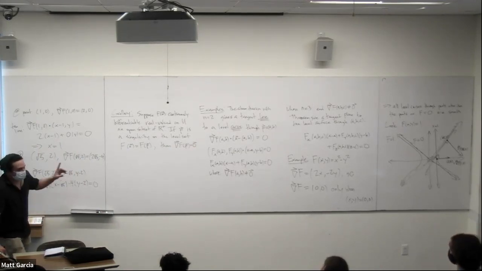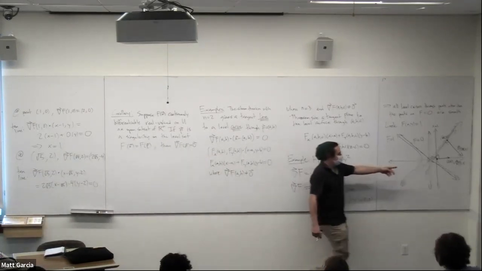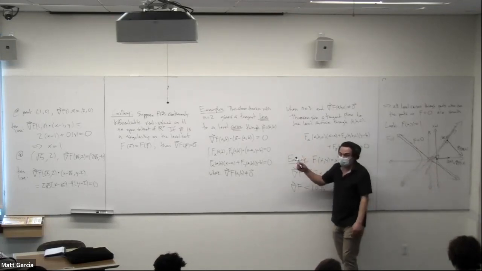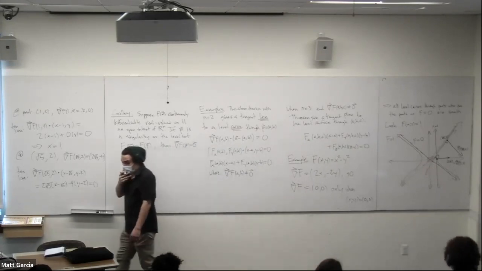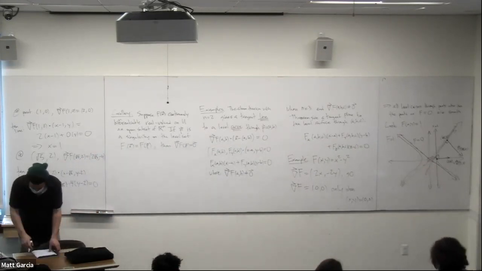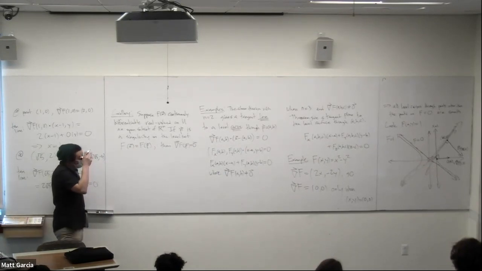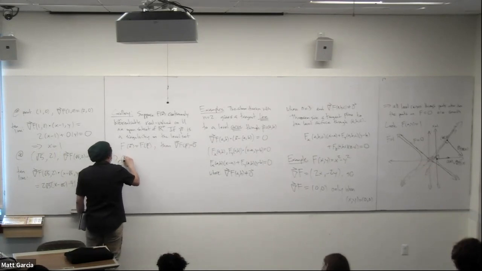But if it is singular, if we draw the graph and we see some behavior like this, some sharpness, then necessarily the gradient must be 0 at that point. Okay, so that kind of motivates this definition.